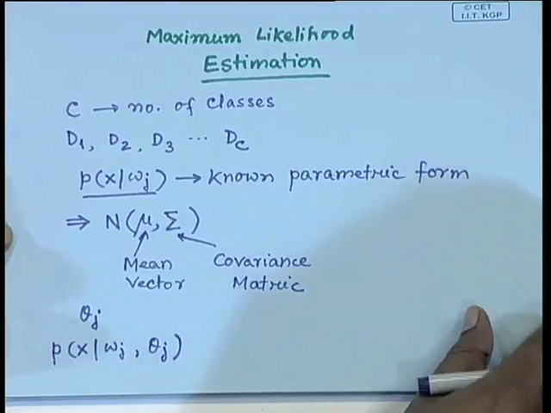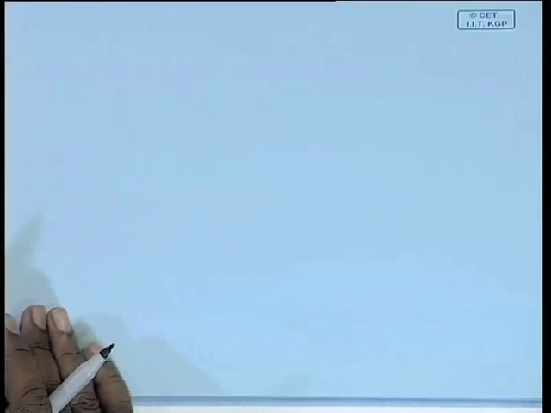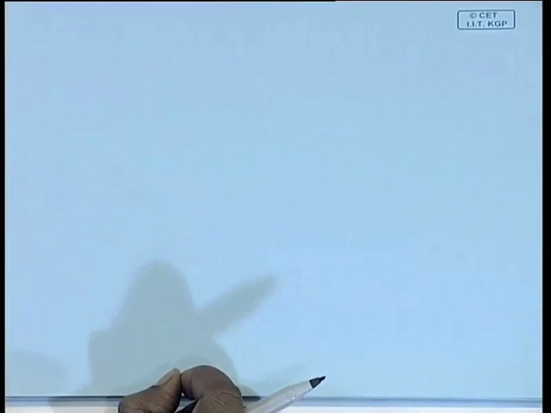Okay. So, our problem in this case is that we have to use the information available from the samples in the set D j to estimate this parameter vector theta j. The technique that we are going to discuss for this estimation of the parameter vector theta j is what is known as maximum likelihood estimate.